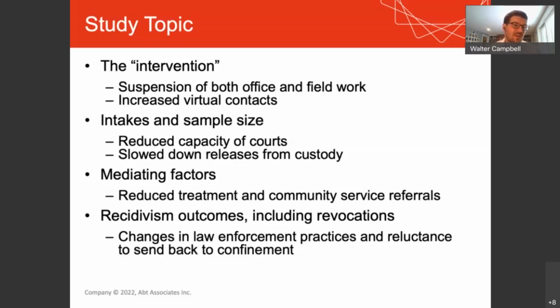As I mentioned too, they also stopped office contacts, which is the other primary form of in-person contact. That's also changed, although office contacts have come back a bit, it seems as though within both sites that field contacts are the preferred in-person contact now, post-pandemic, and they're doing fewer office contacts.